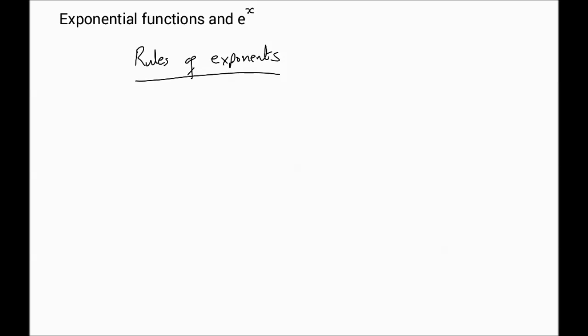Here are some of the rules that you must know. If you have x to a power which is m over n, that's the same as the nth root of x to the power m, and we can write that again as the nth root of x, all to the power m.